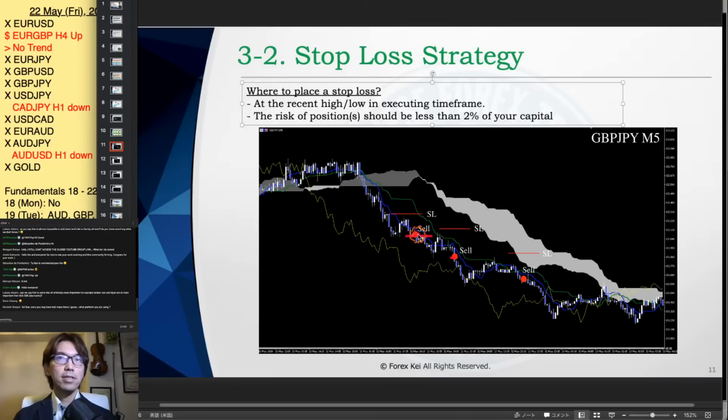Usually I put the stop loss slightly above the recent high when I take a sell, and when I take a buy, I put the stop loss slightly below the recent low, and the risk per trade should be less than 2% of your whole account balance. And I will talk about that in my future lives too.